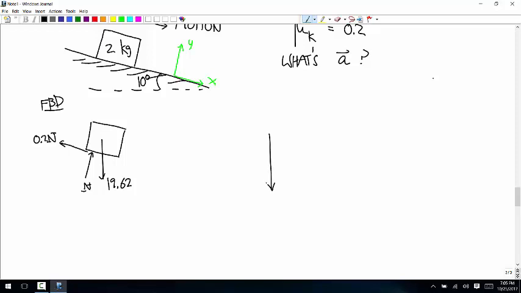But the weight force, the magnitude is 19.62. The red is the horizontal and vertical. Okay, so this angle is 10 degrees. And so is this angle. And this one, and this one.